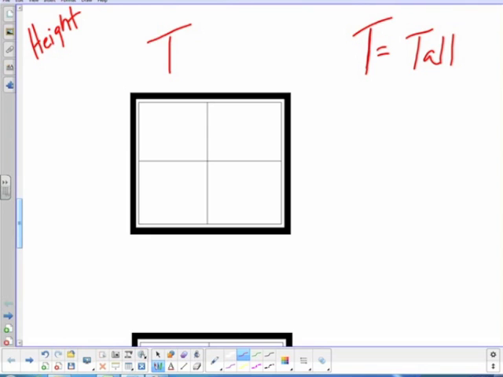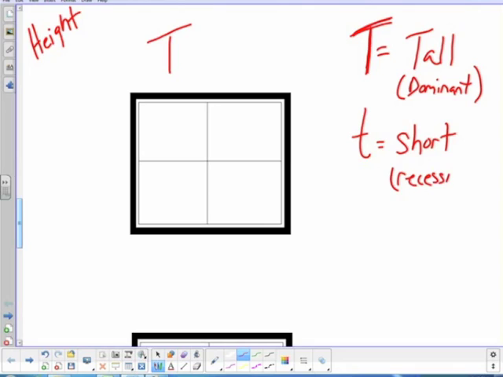So a capital T is dominant. A lowercase t equals short. Short is recessive. Okay. So I'm going to say I have T, let's say T.